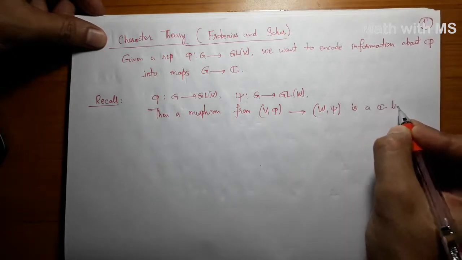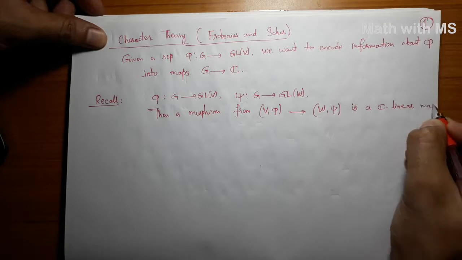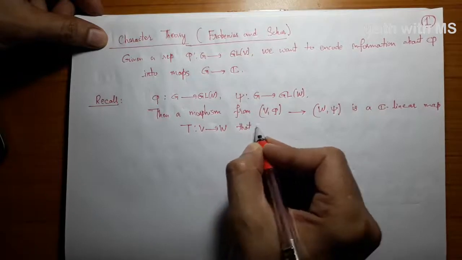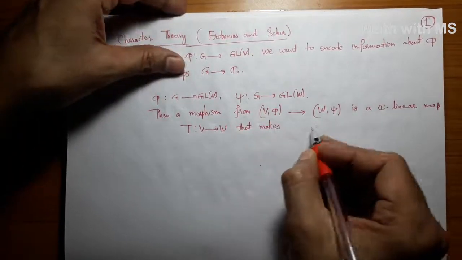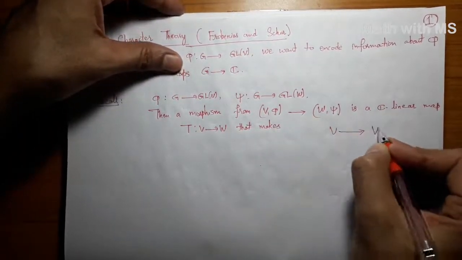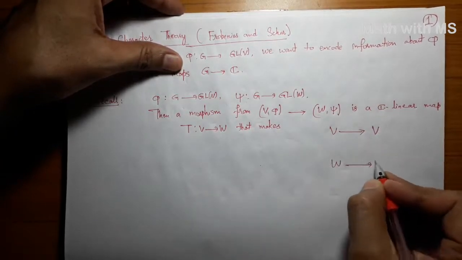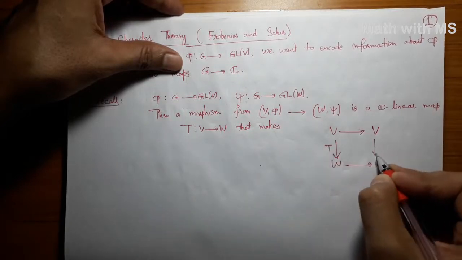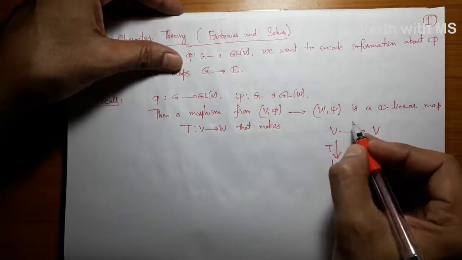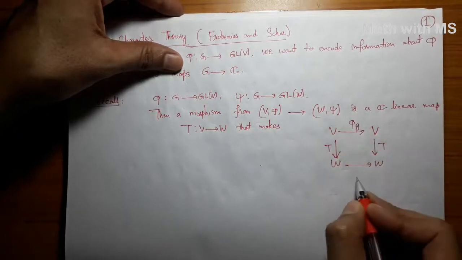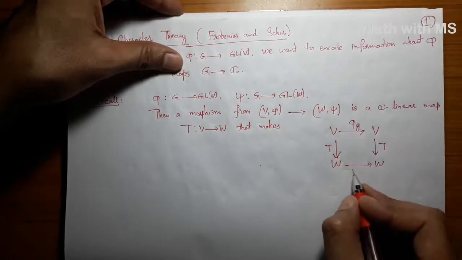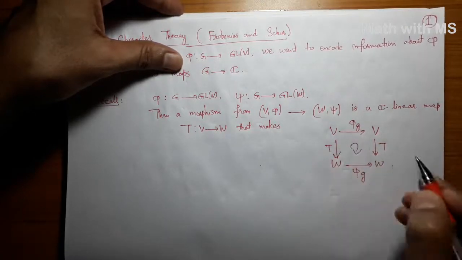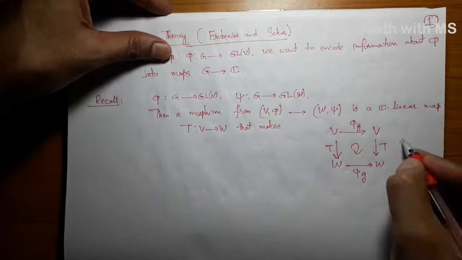A linear map T from V to W that makes this square commute. So you have this linear map, and for each group element you have phi(g), an invertible linear transformation, and here you have psi(g), such that this square commutes, whether you go this way or this way, for all g.